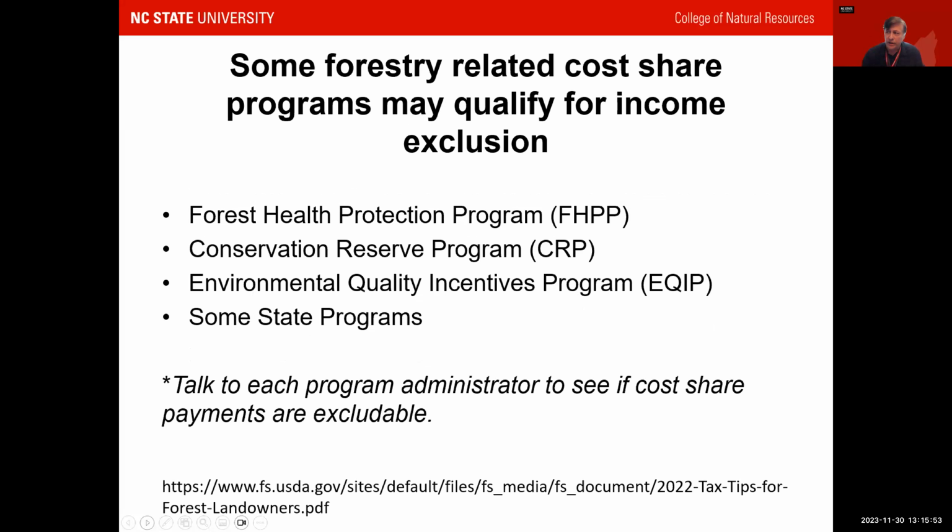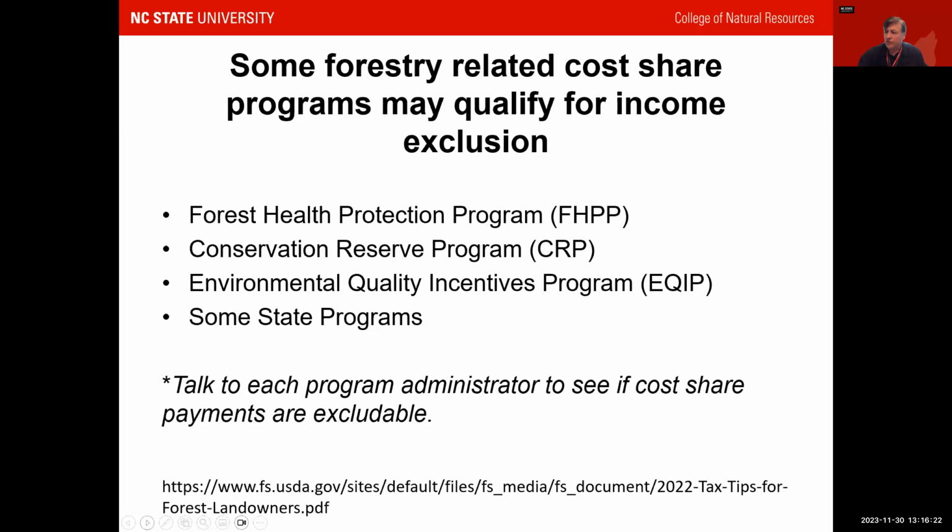Programs like the Forest Health Protection Program, FHPP, the CREP, the Conservation Reserve Program, and the Environmental Quality Incentives Program, EQIP. And I could probably make a list of all kinds of small programs that are run within the state architecture, if you will, of conservation and forestry. But they may qualify for income exclusion.